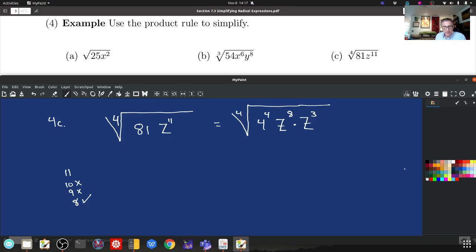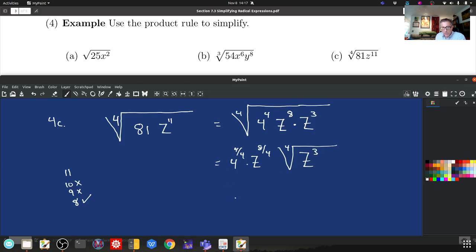Now what do we do? We take these factors that are raised to exponents that are powers of 4, we can take them outside. In each case, we have to divide the existing exponent by the index 4. Again, I have the 4th root here in z cubed.